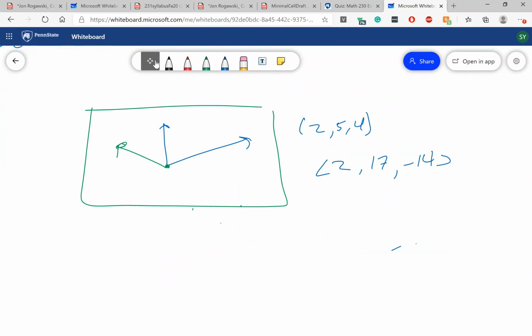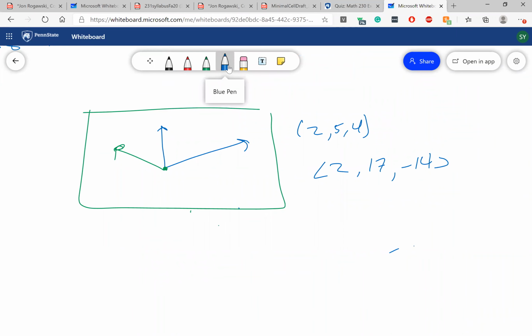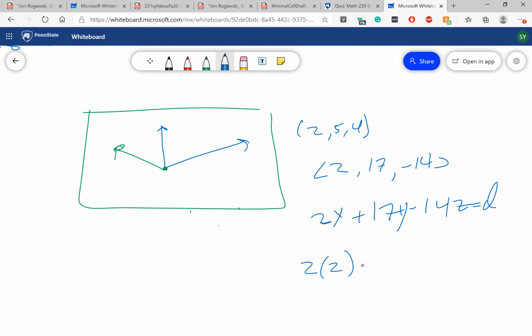Now the equation of this plane is going to be 2x plus 17y minus 14z is equal to b. Now we can plug in this point. We get 2 times 2 plus 17 times 5 minus 14 times 4, and that is equal to our b.